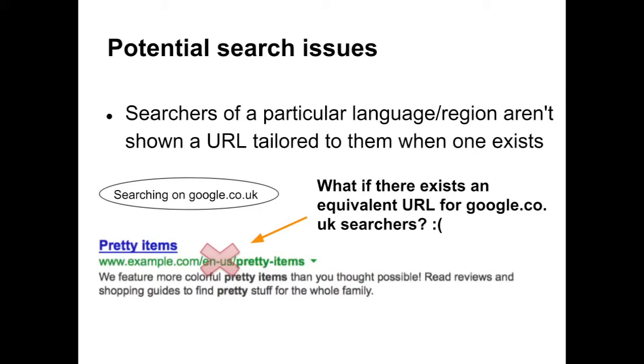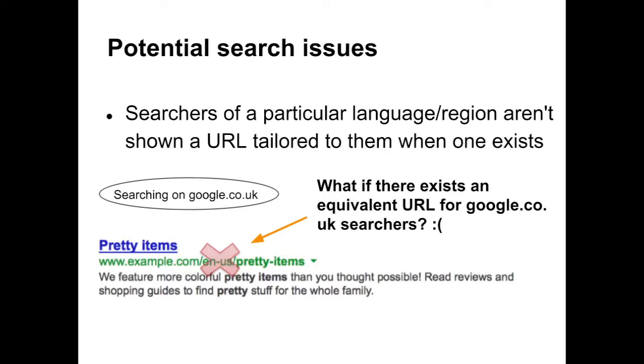Let's begin with potential search issues. I like to highlight three potential issues that are more easily triggered as a webmaster expands their site to new languages or country-based language variations. In the first issue, imagine that a searcher is in England on google.co.uk performing a query for pretty items.